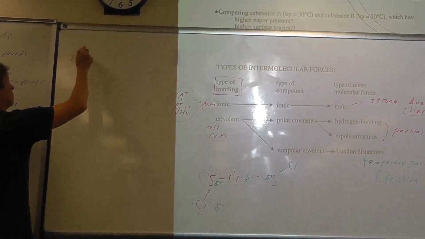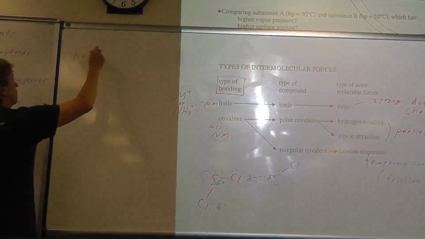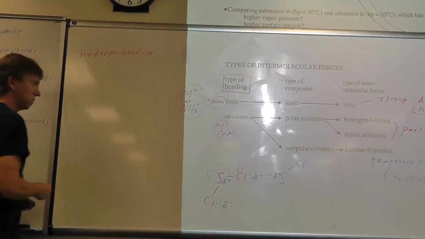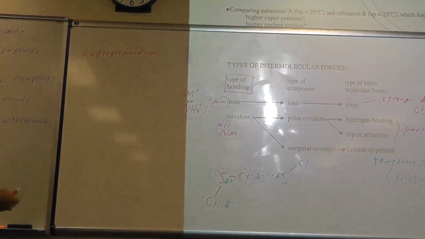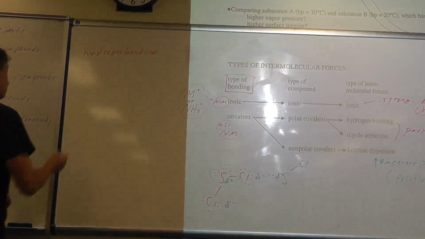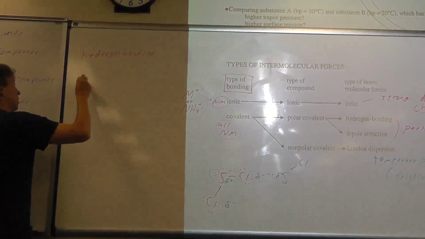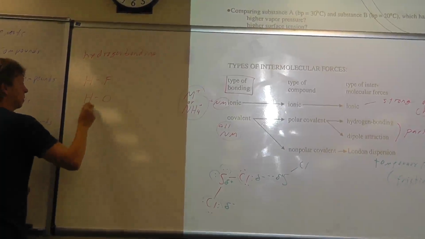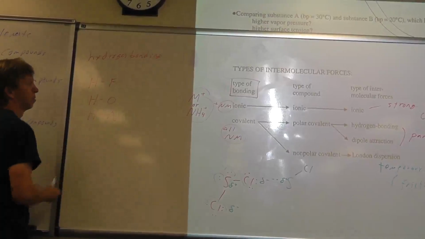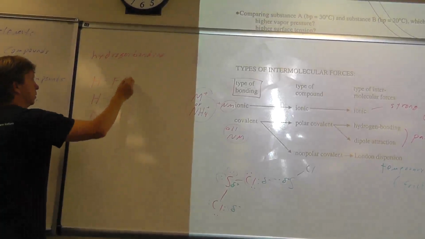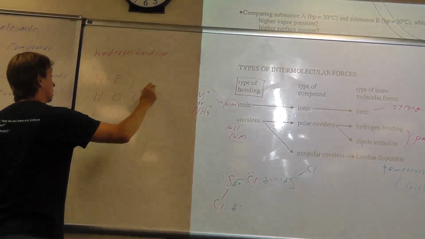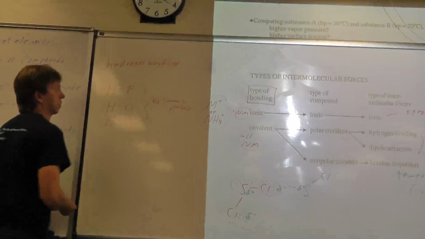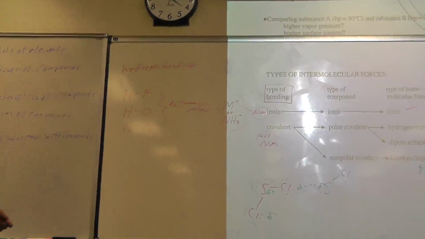Hydrogen bonding works exactly the same way as dipole attraction. It's just that you have H-F, H-O, or H-N bonds. These particular linkages are extremely polar and therefore give you bigger partial charges.